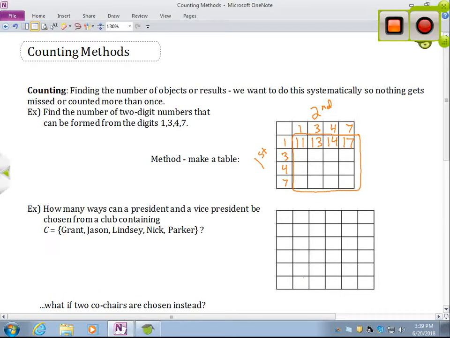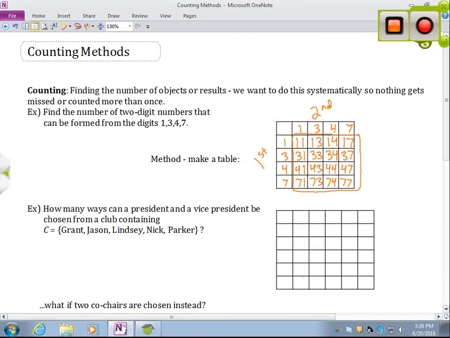Going to the next row, 31, 33, 34, 37, and then the next row, starting with a 4, my options are 41, 43, 44, and 47, and then 71, 73, 74, and 77.